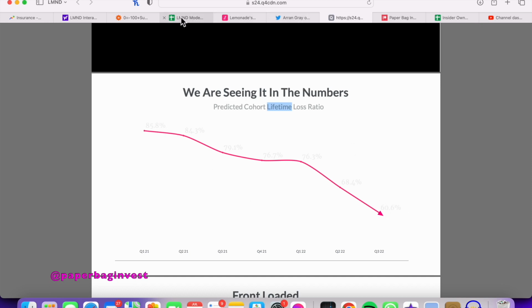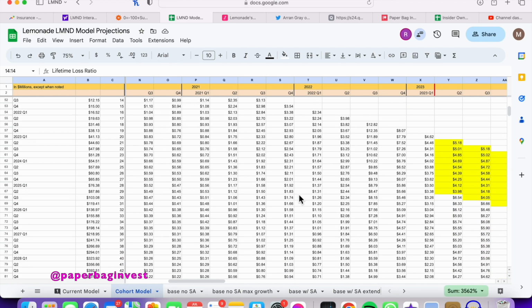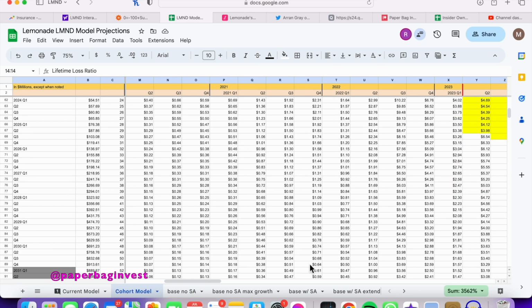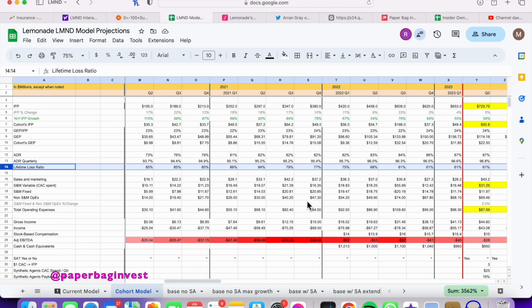So I was using those values because for each cohort over time, yes, the loss ratio might be higher at the start, but then it should get significantly better as worse customers churn out, as poorer customers are even canceled by Lemonade as part of this churning out process. So in theory, that should get better over time.